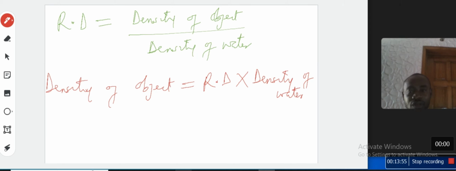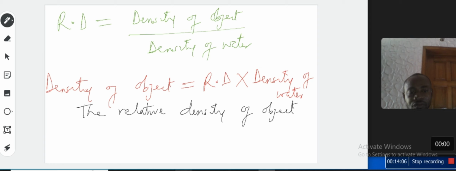So here is a simple example we can use to illustrate this. The relative density of object B is 5.5.